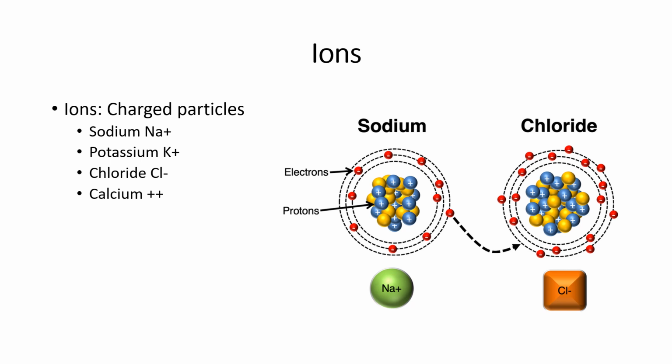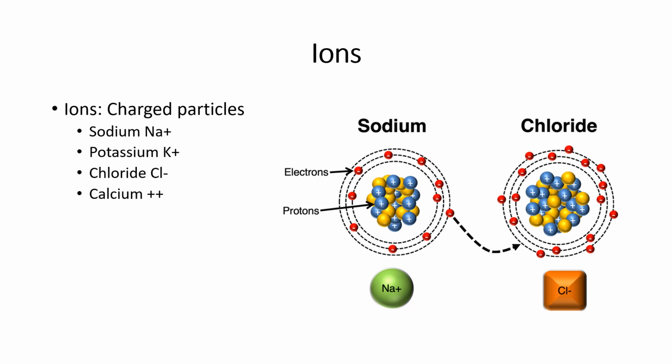So when we look at something like sodium chloride, which is salt, when it's bound together, it doesn't have a charge. When these separate in our bodies, in our intracellular fluid and extracellular fluid, they come apart. As they separate, the sodium ion loses an electron to the chloride ion.